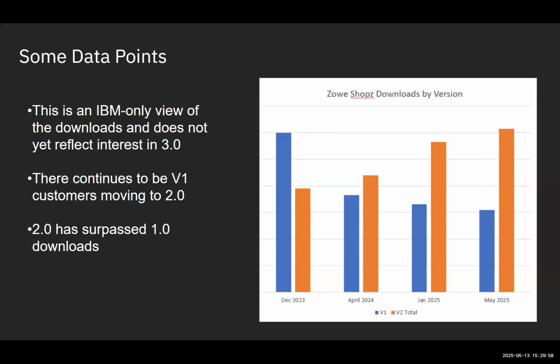And we had some back and forth as to what the customer wanted to do. But you'll notice that that blue bar does show a slight decrease. So there are still some 1.0 customers out there.